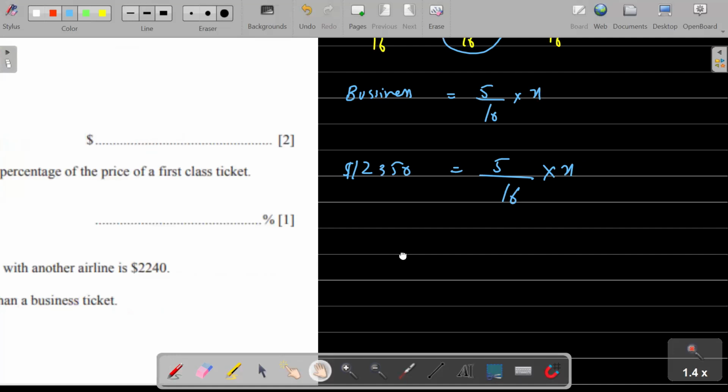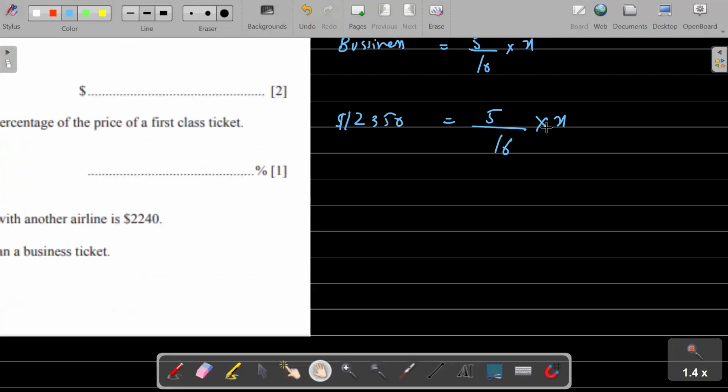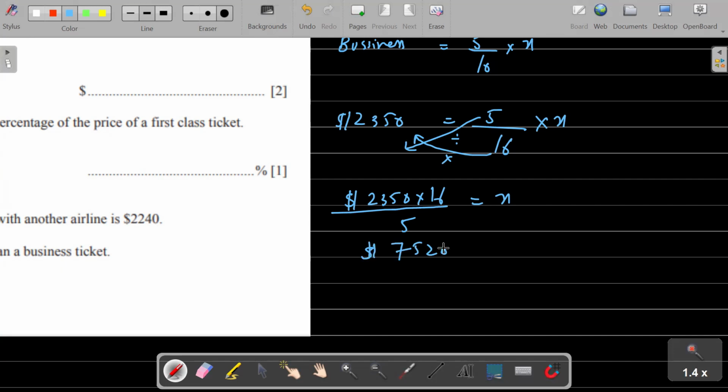Let's separate x from here. By separating x, this will be multiplied and this will be divided over here, because I need to separate x. So 2350 times 16 over 5 is equal to x. By separating it, 2350 divided by 5 times 16, my total amount is $7520. That is my total amount.